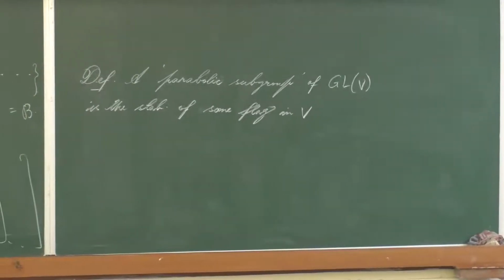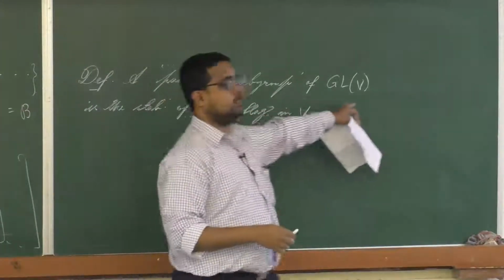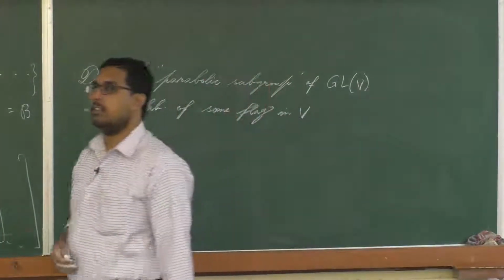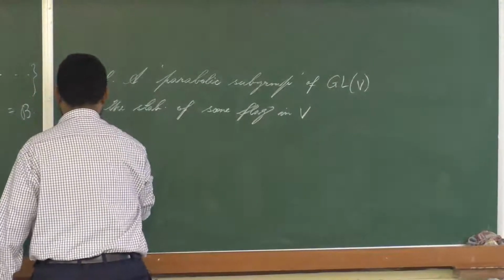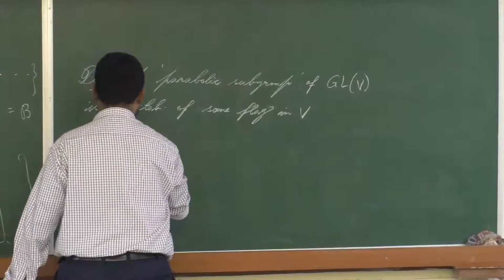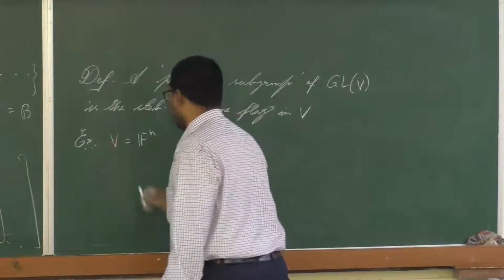Let me elaborate what I mean. By a parabolic subgroup of this general linear group, I mean the stabilizer of some flag. So as an example, when V is F^n, what are the examples of parabolic subgroups?